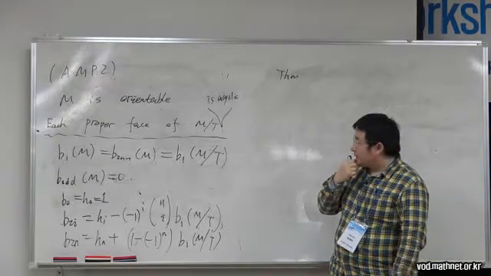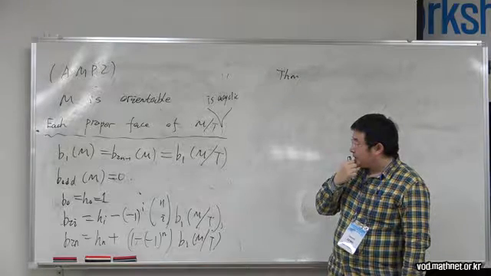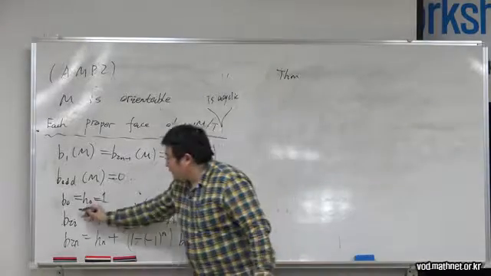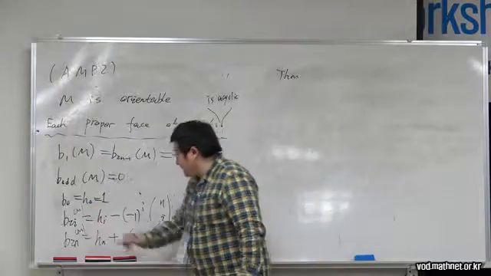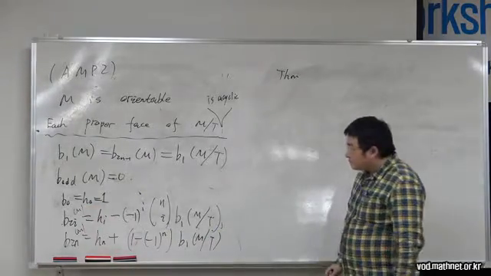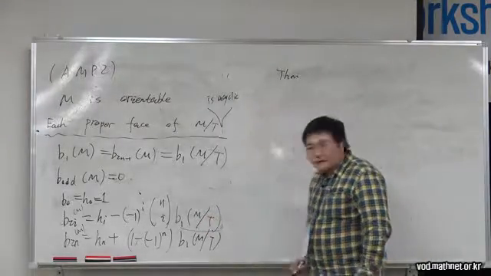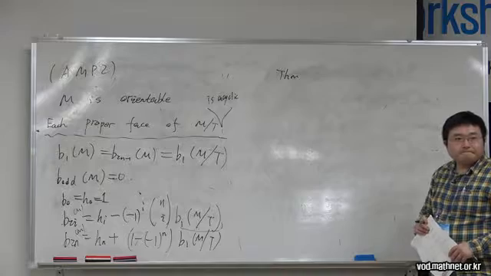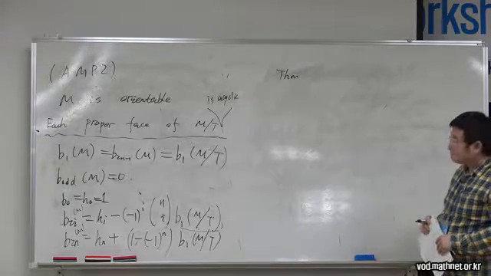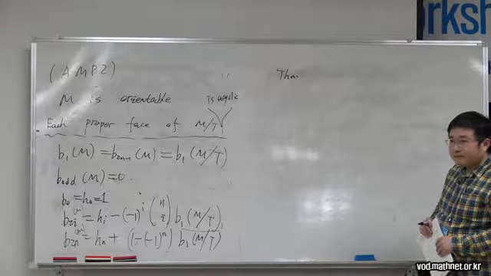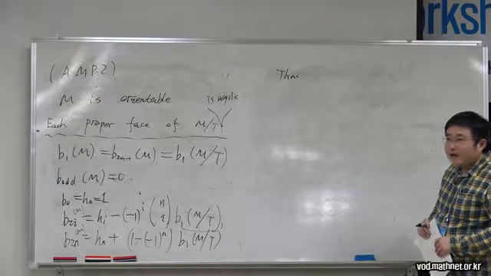Here you write B1, B2, up to B2n, the Betti numbers of the manifold. So every Betti number can be expressed as an h-number and the first Betti number of the orbit space.